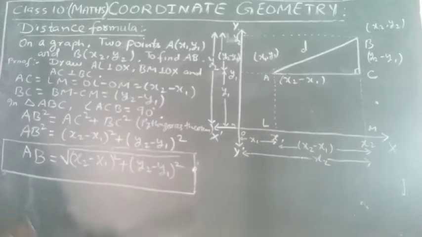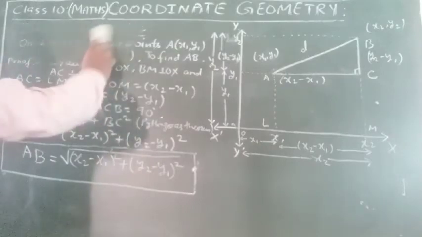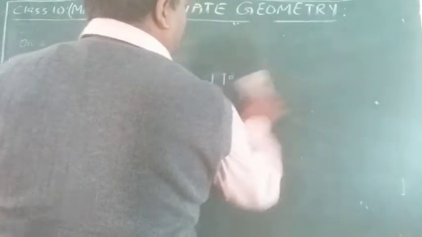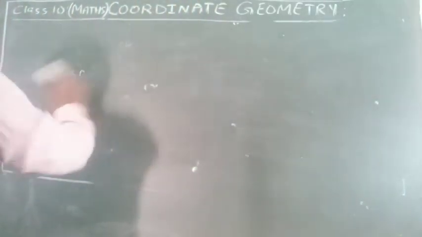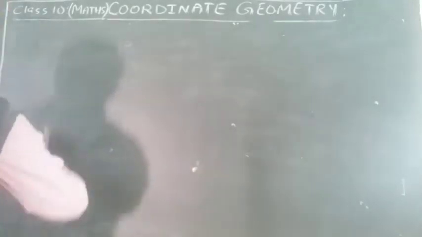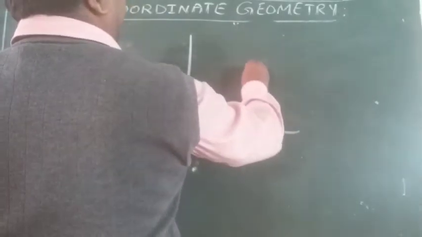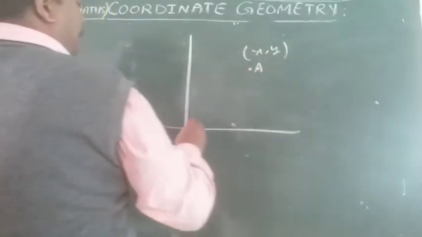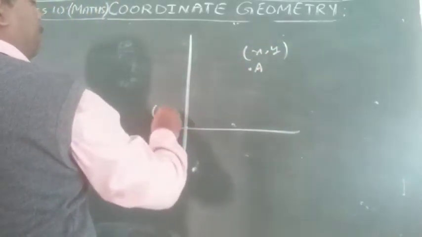Clear? Now the next concept: how to calculate the distance of any point from the origin. Look at this. This is the point A, whose coordinate is (x, y), and this is the origin O, whose coordinate is (0, 0).